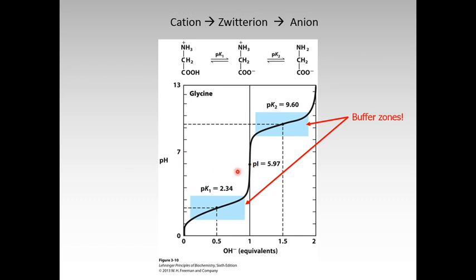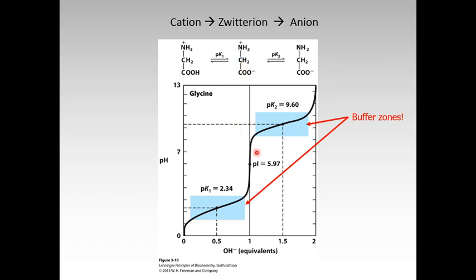Here there is another point of inflection, where removal of the first proton is essentially complete, which means that this proton is now completely removed to form COO minus and NH3 plus. At this pH of 5.97, glycine is present largely as the dipolar ion, or Zwitter ion, as we call it.